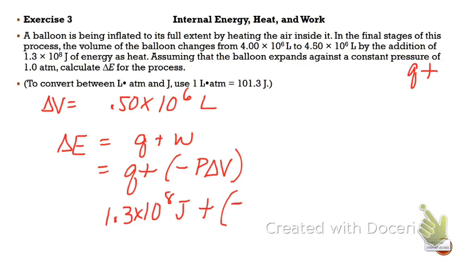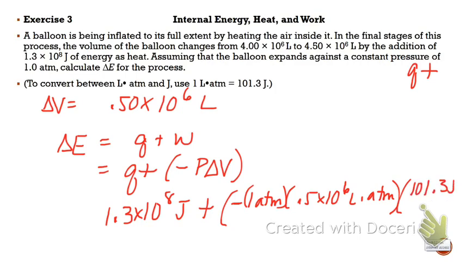Oh, 1 atmosphere, yay. And then 0.5 times 10 to the 6 liters atmosphere, and then we're going to throw that conversion factor in there. 101.3 joules is 1 liter atmosphere.